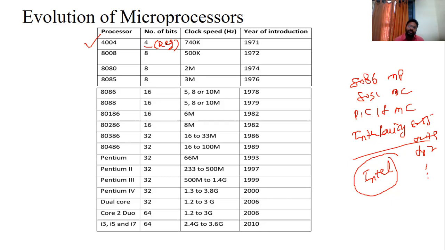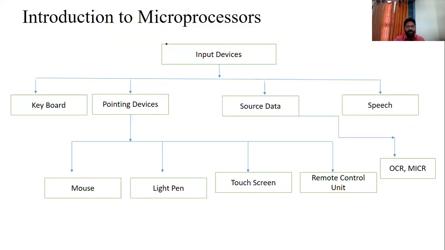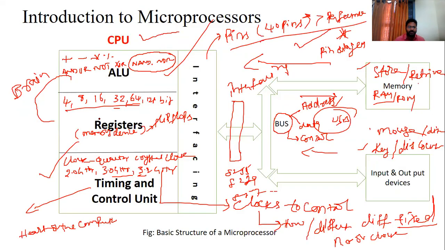And what is the functionality of the registers? I will tell you in the next slide, maybe one or two slides, the necessity of the microprocessor and the use of the registers available in it. You see, we mentioned the registers here.